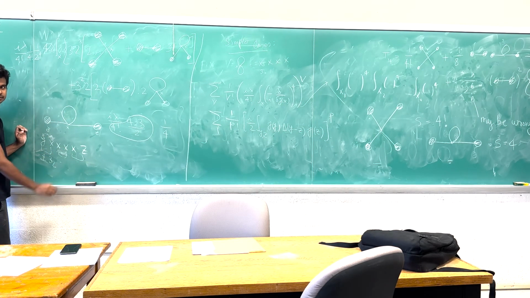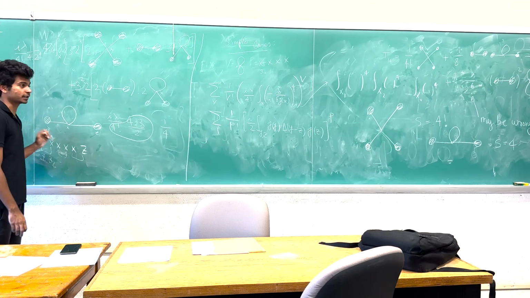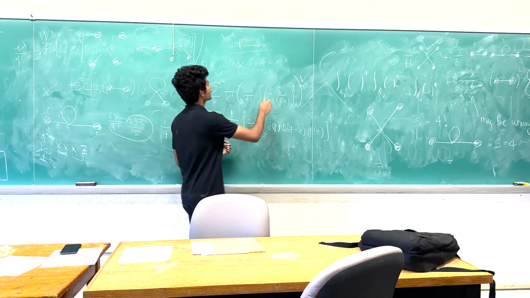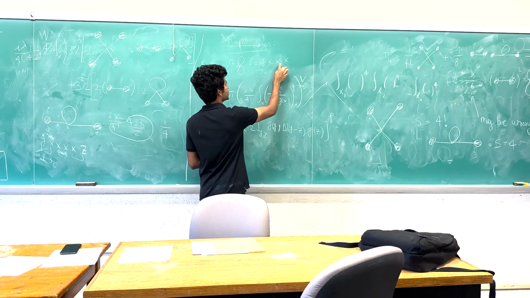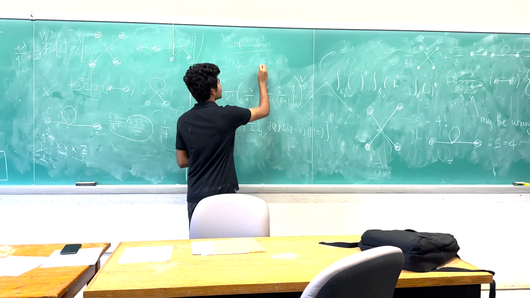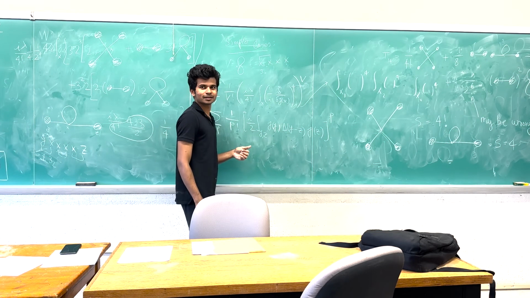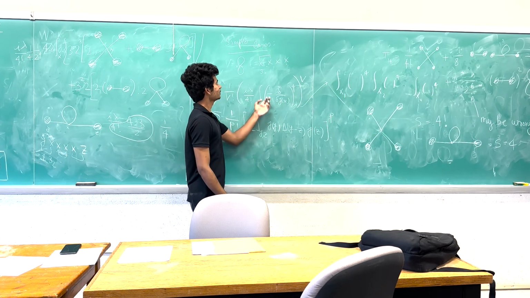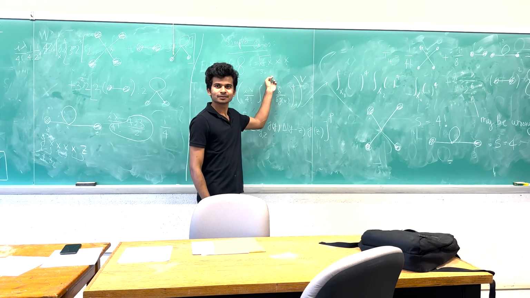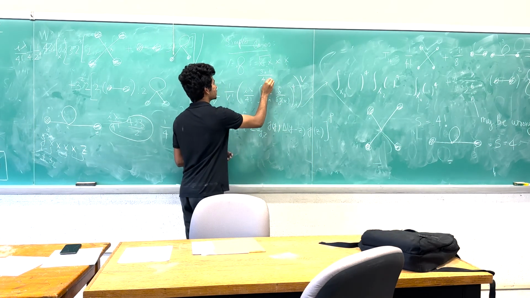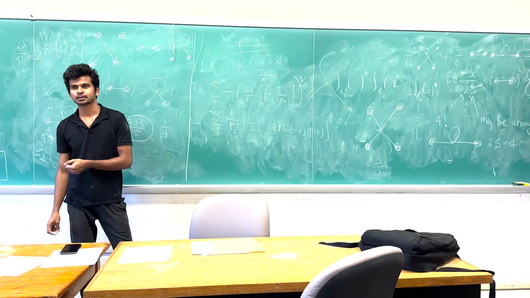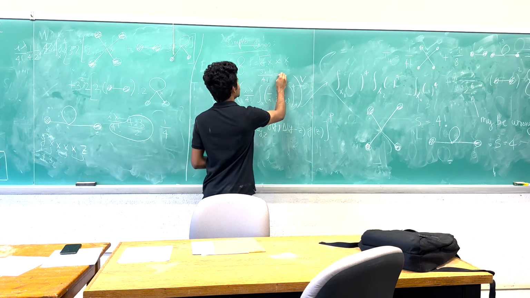All the propagators, I'm just writing down the propagators. So here it's x to x, then x to x. Then it's 1, right? 3 times 1. And you have a factor of 4 factorial coming from the vertex.